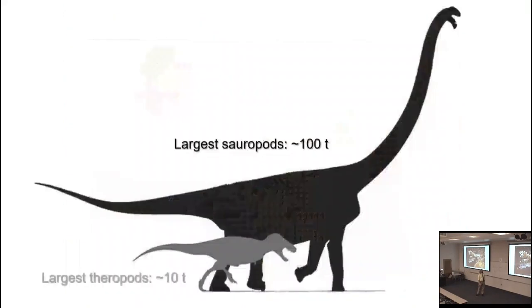In fact, in general, as those last two figures show, the biggest sauropods were typically about an order of magnitude larger than the largest theropods. And that pattern held for most of dinosaur history. It's not an unusual pattern. We actually see that happen in a lot of mammalian history, too, where the largest herbivores are about 10 times as big as the largest carnivores.